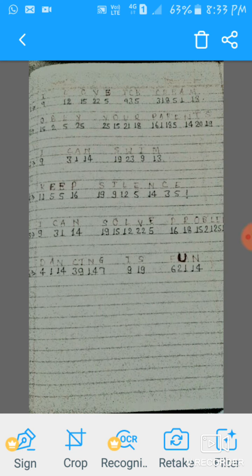Now 15th is O. Okay. 22 is V. Okay. 5 is E. Then what will be the word? 9 is I, love ice cream. Okay. You will search the letters according to the numbers. Then your sentence will be: I love ice cream. Okay.